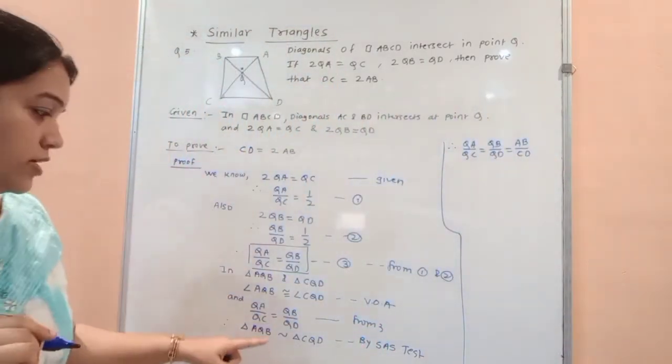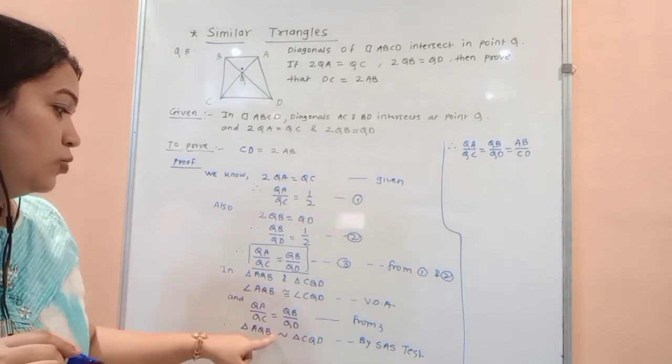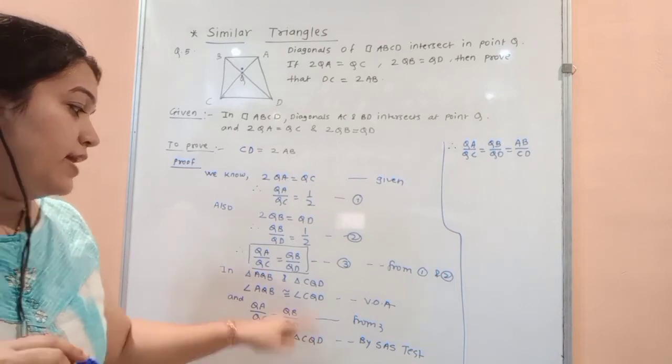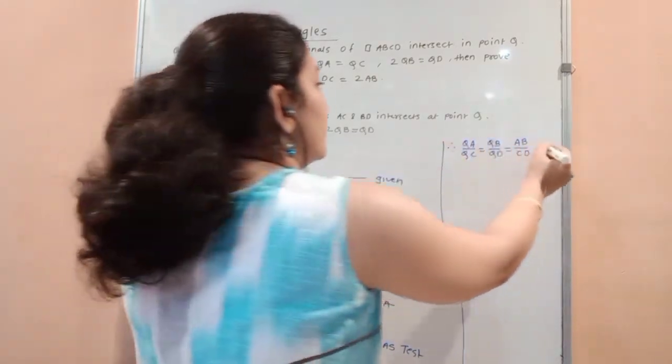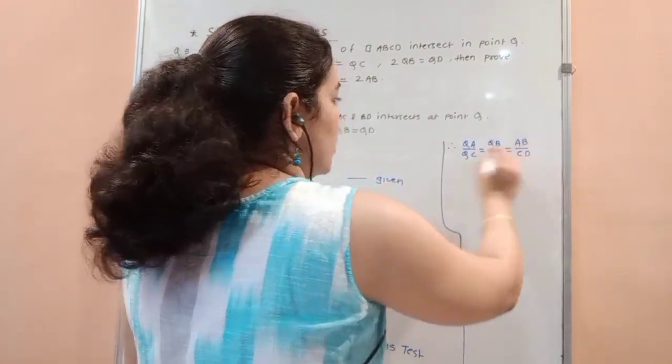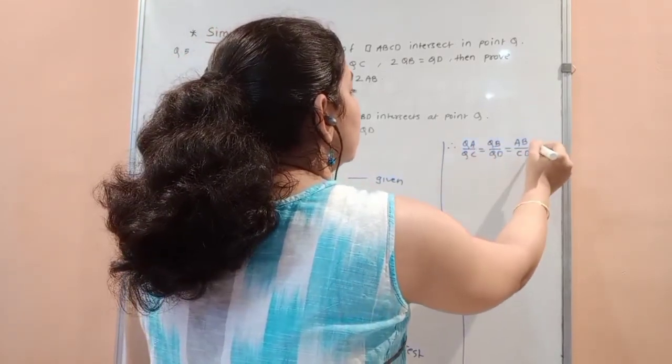See the correspondence: AQ, CQ means QA, QC; QB, QD; AB and CD. Is this clear to you? It's similar, yes or no? QA upon QC is equal to QB upon QD is equal to AB upon CD.